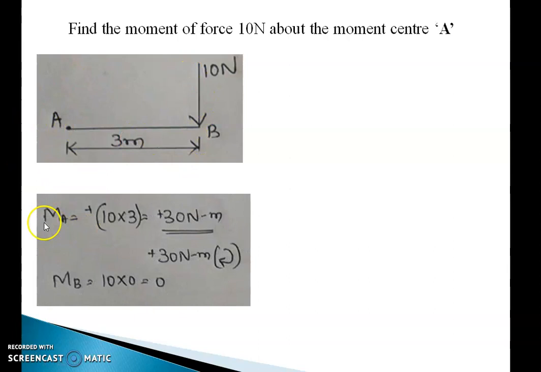So the moment about A is plus 10 into 3, 30 Newton meter, and it can also be represented as 30 Newton meter with this symbol. This symbol indicates the moment is in the clockwise direction.